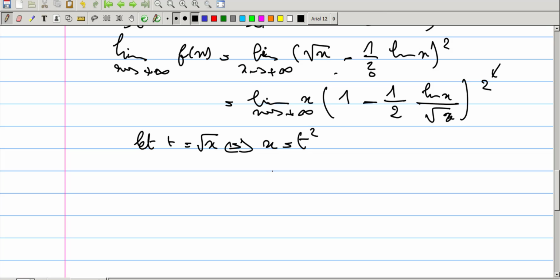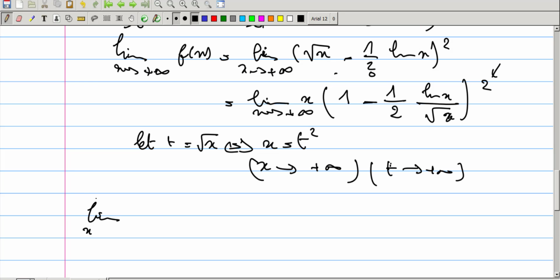Now when x goes to plus infinity, t also goes to plus infinity. How do we know it? If we substitute x with infinity, t equals the square root of infinity, which equals infinity. We are just seeing that, but we cannot write it.